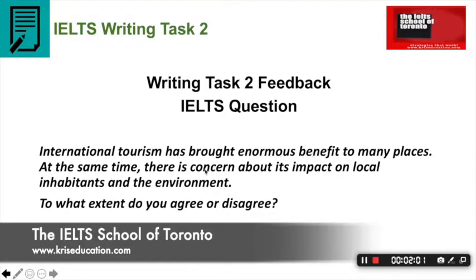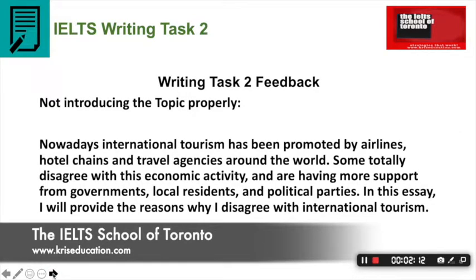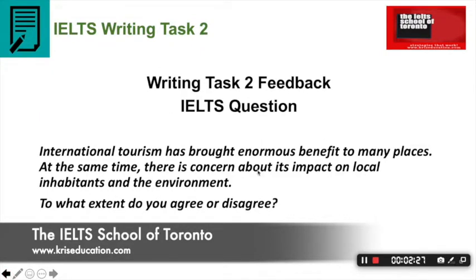In your introduction, you basically need to paraphrase the first sentence, and then paraphrase the second sentence, but this introduction here, written by this student, is very broad. And also the thesis statement is not very accurate. The student is saying, I provide the reasons why I disagree with international tourism, but the question is not asking you to agree or disagree with international tourism.